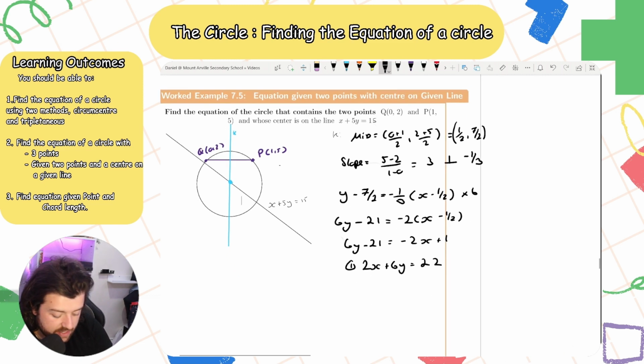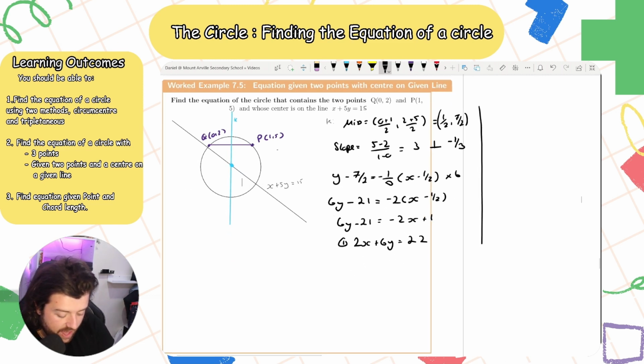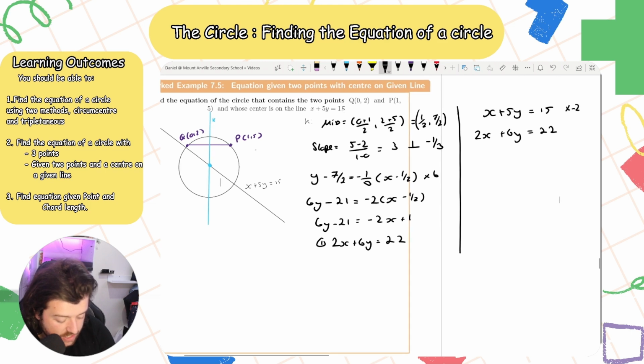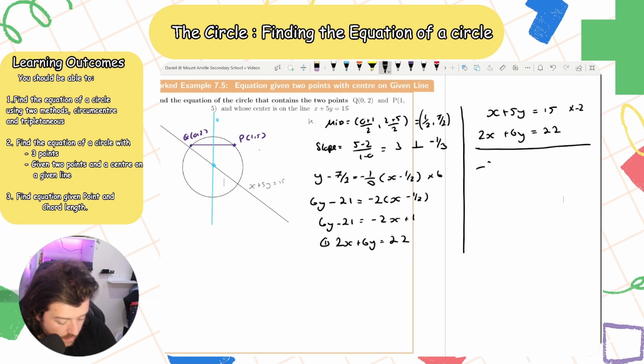Let's find the point of intersection now. So x plus 5y equals 15, and 2x plus 6y is equal to 22. I'm going to multiply the top line by minus 2. Minus 2x minus 10y is equal to minus 30. 2x plus 6y equals 22.